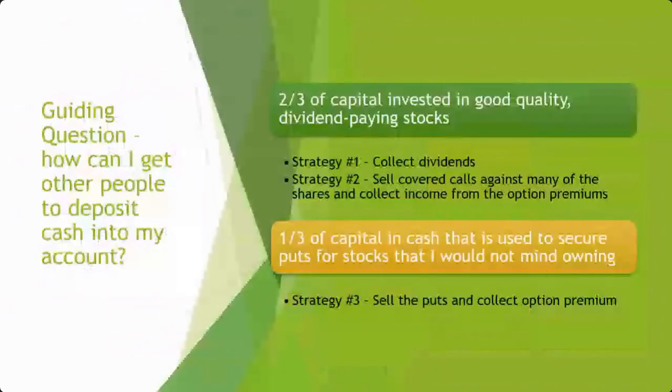So to that end, I found myself asking a question: how can I get other people to give me cash? Somebody paid me a dividend and I got so excited. Somebody gave me $10, and can I keep doing that to the extent where I could live off of those cash deposits?